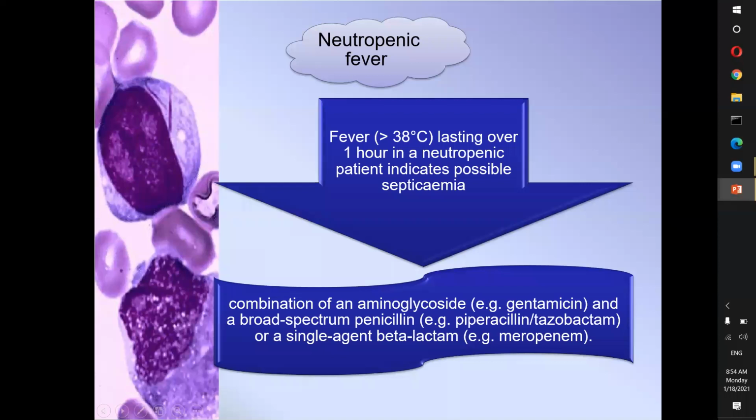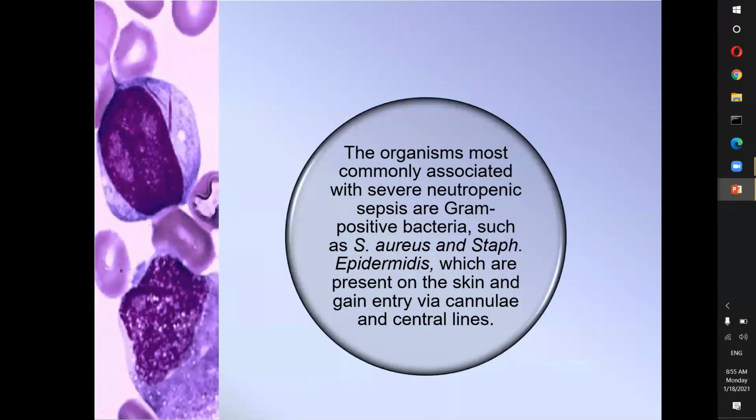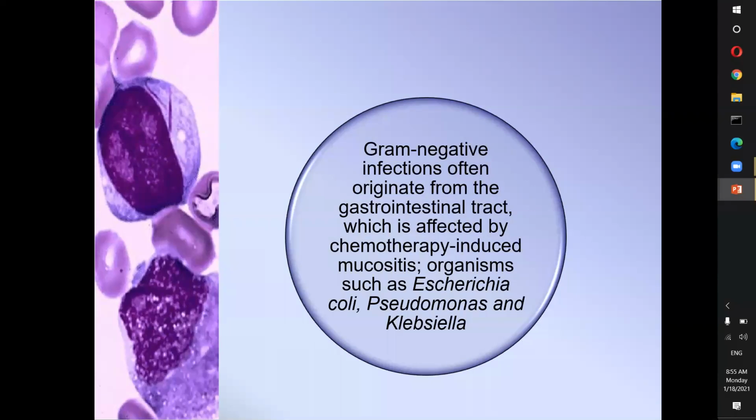The organisms most commonly associated with severe neutropenic sepsis are gram-positive bacteria, Staph aureus, Staph epidermidis, which are present on the skin, and bacteria in severe neutropenia, while the gram-negative infection often originates from the GI tract, and these are resolved after 3-5 days.